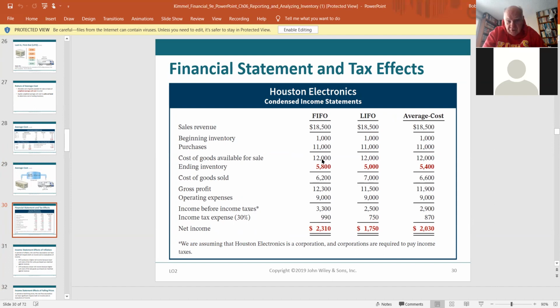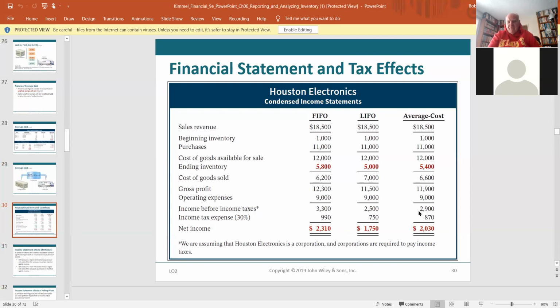That's not going to change. Then when we came up with the cost of goods sold and the gross profit, let's look at the income before taxes. The income before taxes under FIFO was 3,300. Under LIFO, it was only 2,500, and average cost is going to be somewhere in between, around 2,900.